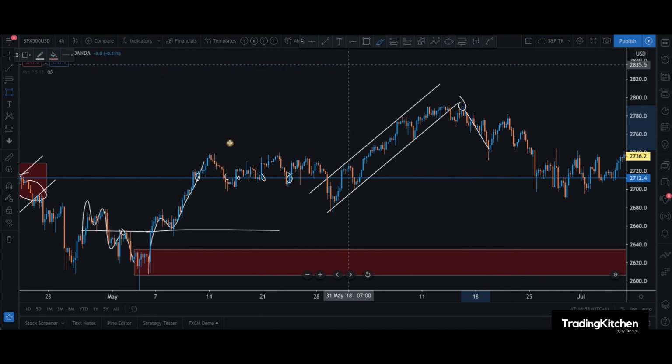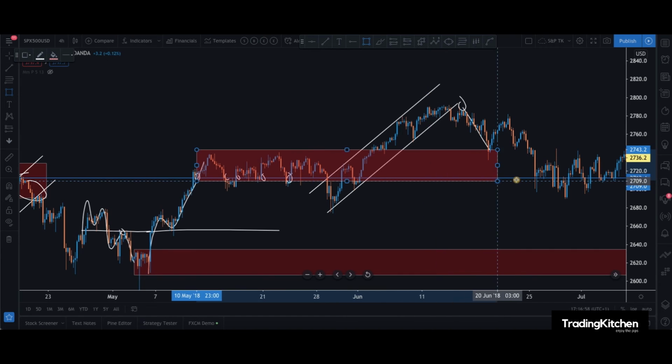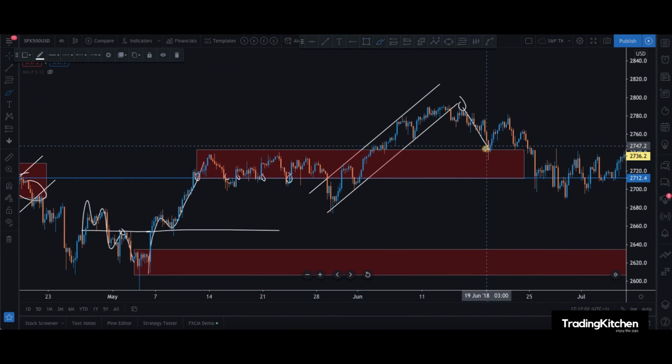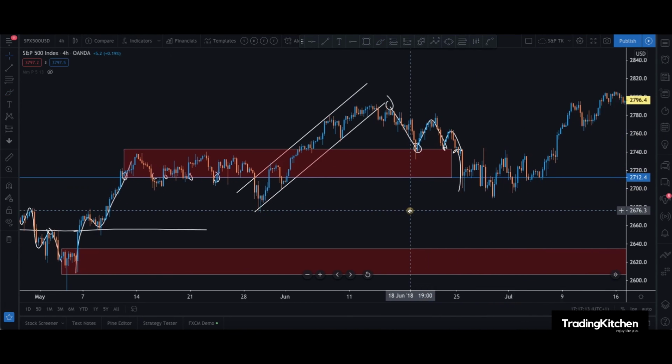This is a consolidation as well. As you can see, price reacted here, then goes down, then goes up and goes down again, reacts and reacts again, then broke.